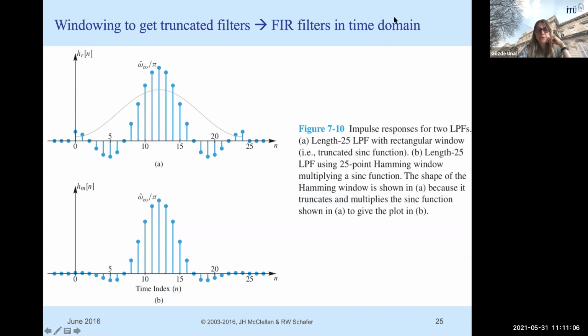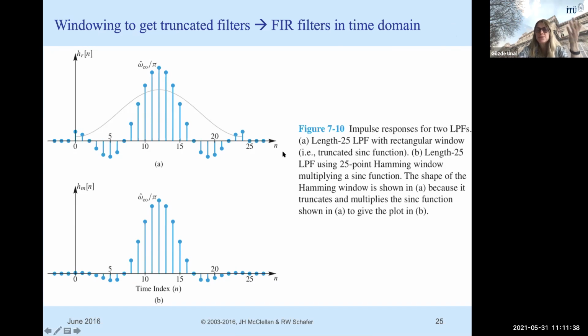This windowing in time domain is devised for the purpose of limiting the input signal to a finite range. So remember the sinc function, which is the ideal low pass filter in time domain, right? It has an infinite extent, but then it's not realizable, okay? That's why we want to have a truncated sinc function, limited in time domain.